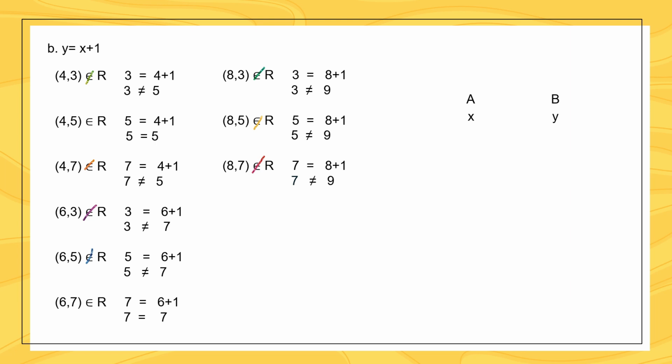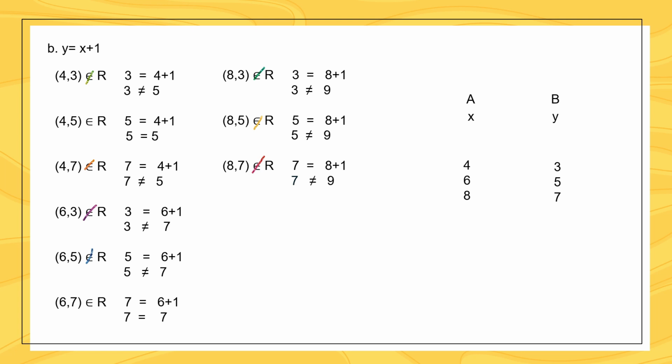So 3 is not equal to 5. (4, 5) is an element of S because 5 is equal to 4 plus 1, and 4 plus 1 is equal to 5. So 5 is equal to 5. (4, 7) is not an element of S because 7 is equal to 4 plus 1, and 4 plus 1 is equal to 5. So 7 is not equal to 5.